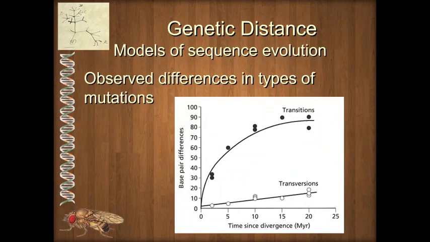Okay? Now, there are differences sometimes between different types of mutations, and this is why we made the distinction earlier between transitions and transversions. Proofreading mechanisms, when those mutations first occur and whether or not they're allowed to stay in the population, catch transversions much more frequently than they catch transitions. And so transitions tend to reach saturation points much more rapidly than transversions.